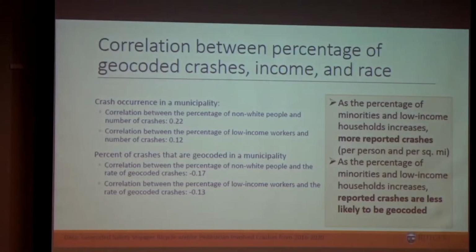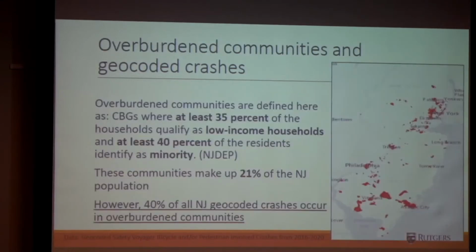And then as the percentage of minorities and low-income households increases, those reported crashes are less likely to be geocoded. So we're already talking about overburdened communities that have more crashes per capita than other communities. And then on top of that, those crashes are less likely to be geocoded. So you're less likely to see them when you're looking at a map or when you're trying to identify specific intersections. Yeah, so that was pretty interesting to me.